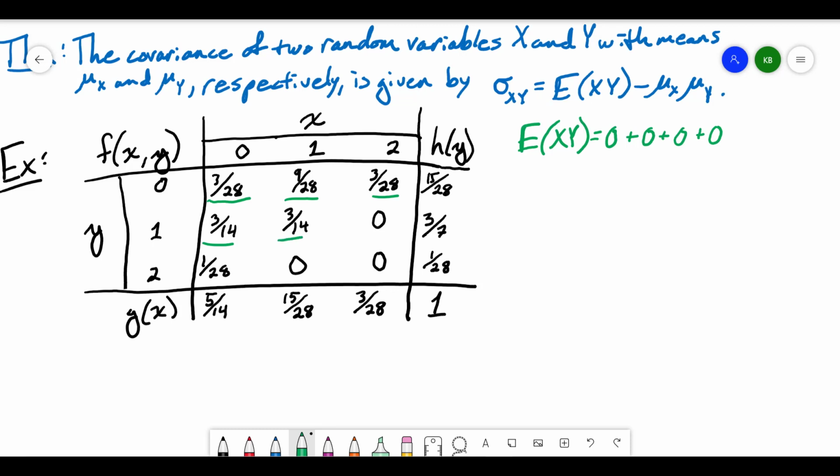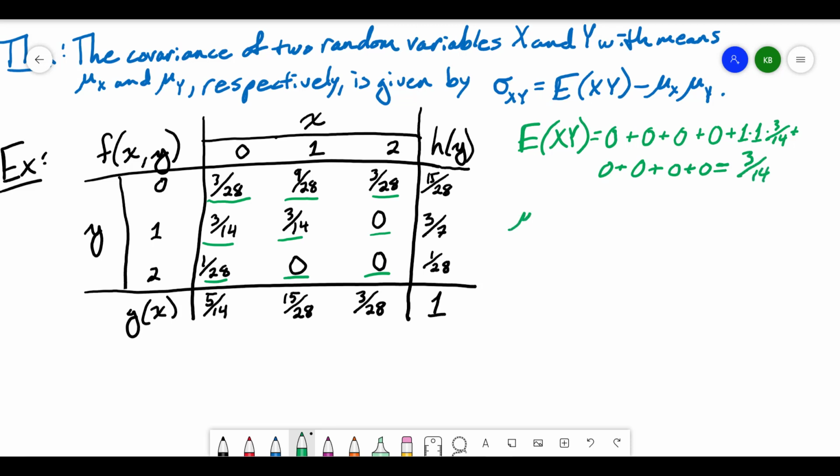Then I'll actually have 1 times 1 times 3/14 plus 0 plus 0 times all of that stuff, so another 0, plus more zeros, so 2 more zeros. So I actually have the expected value of the product of x and y is 3/14.